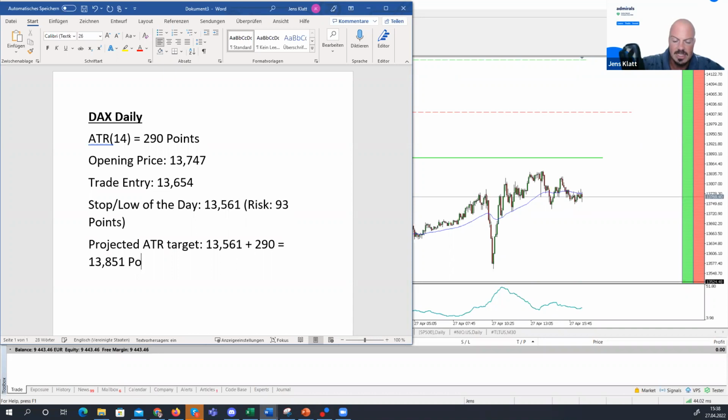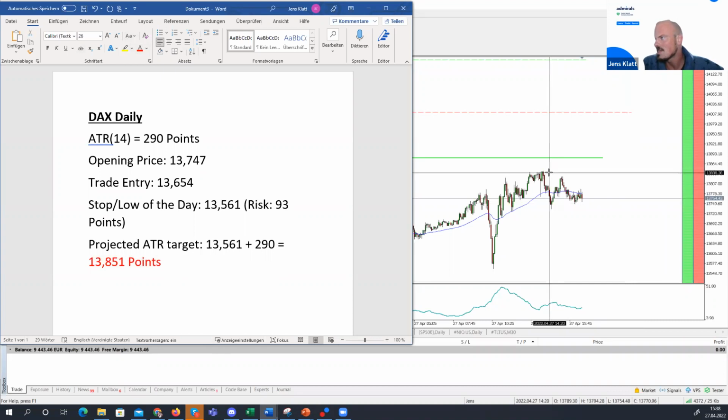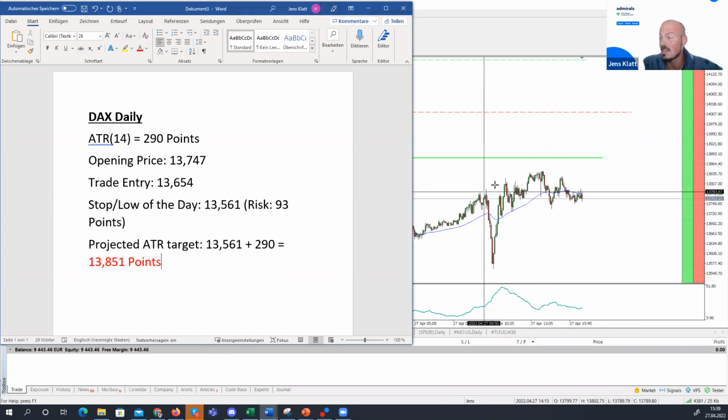This is the target we are looking for if we get to see a 1 ATR move from the daily lows. I don't know whether that's played out, but I think it's close. Where's the high of the day? 840. That's not bad, just 10 points. So there's a clear change in character, especially after this move to new intraday highs in this context.